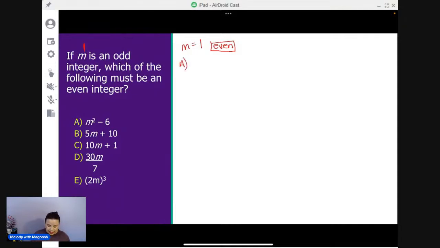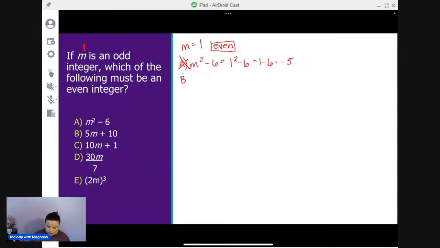Answer choice A, m squared minus 6. No need to think too much about what that really means. We just plug our number in. So m squared becomes 1 squared minus 6. 1 squared is 1, and 1 minus 6 is negative 5. Don't stress about it being negative. Just ask, is this an even number? No. So we eliminate A. We're never going to think about answer choice A again.